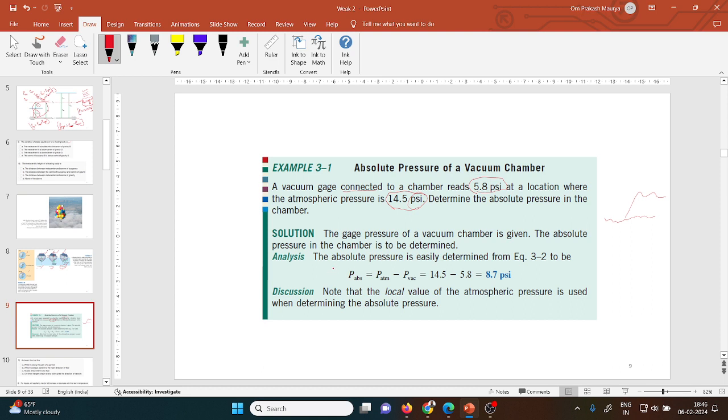The analysis part: the absolute pressure is easily determined by the equation I showed previously. Atmospheric pressure minus vacuum pressure gives you the absolute pressure.